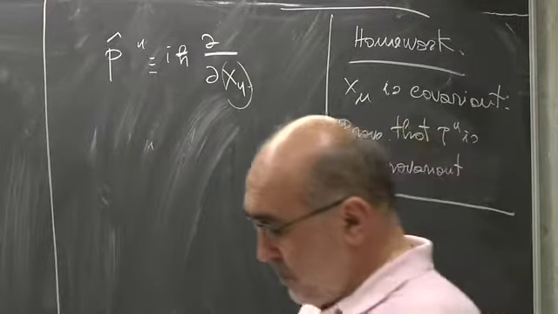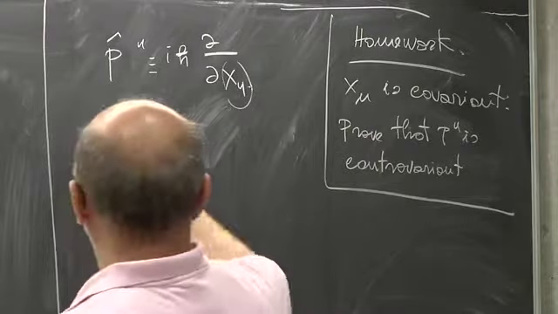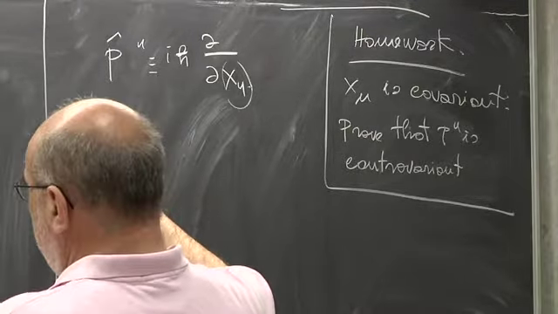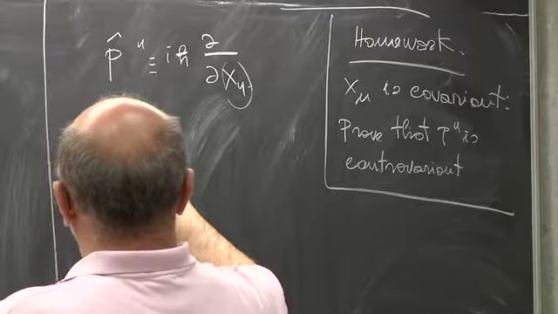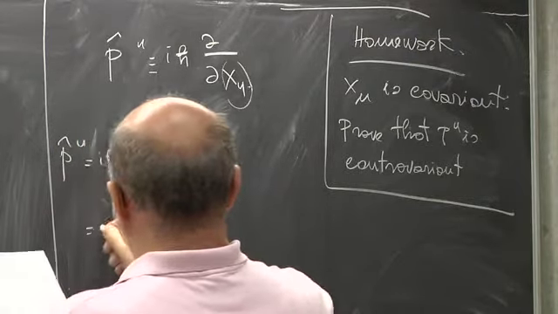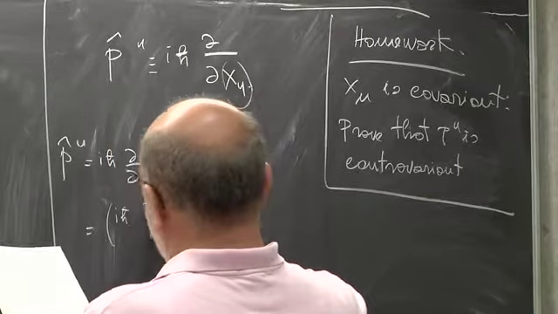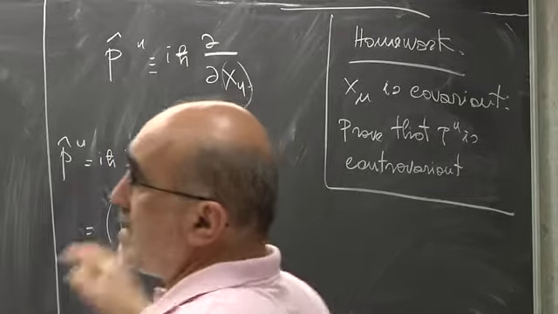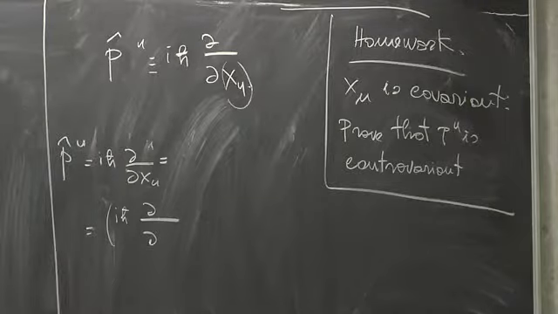Now let's see what we get from this P mu, i h d dx mu, and then basically it is i h derivative. Now let's go and see x mu with the index down, what it is. It was this object.